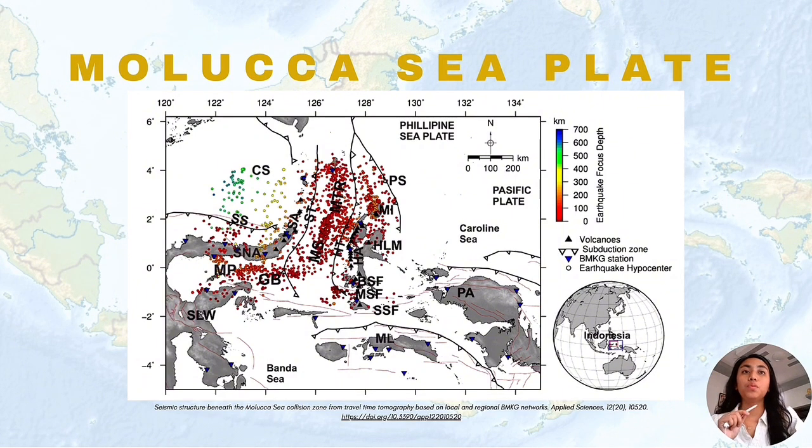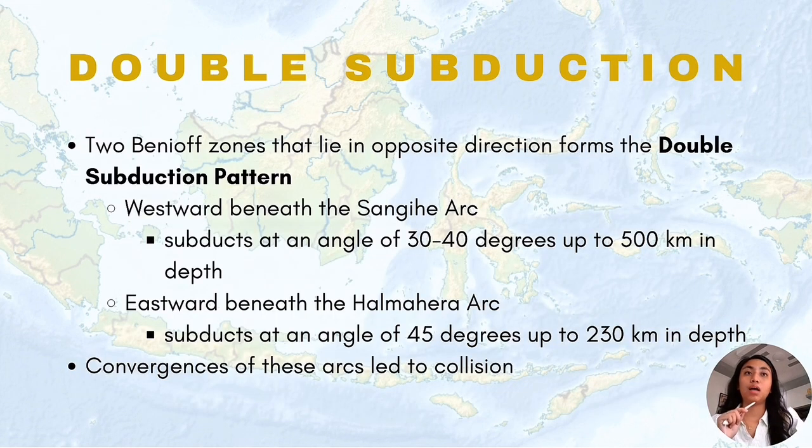So, one of the most unique features of this region is the phenomenon called double subduction. This occurs when two Benioff zones, or earthquake-generating subduction zones, dip in opposite directions.